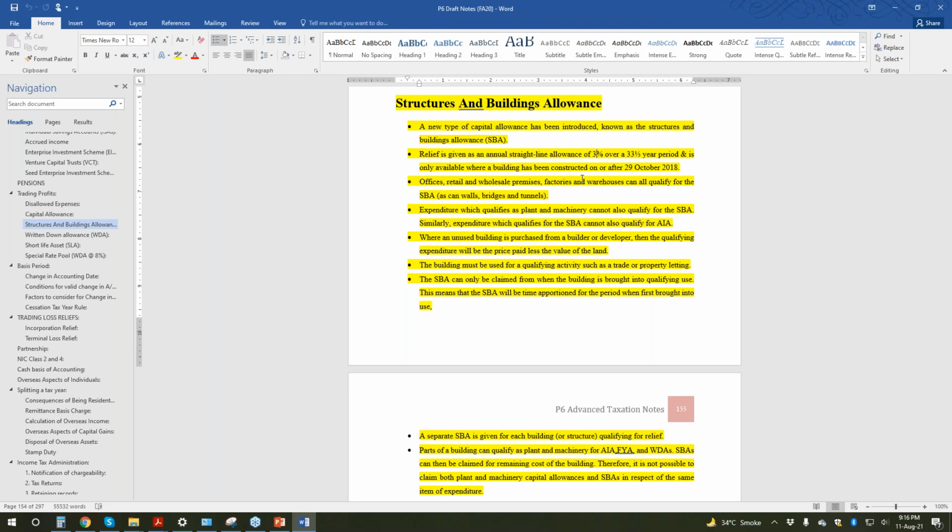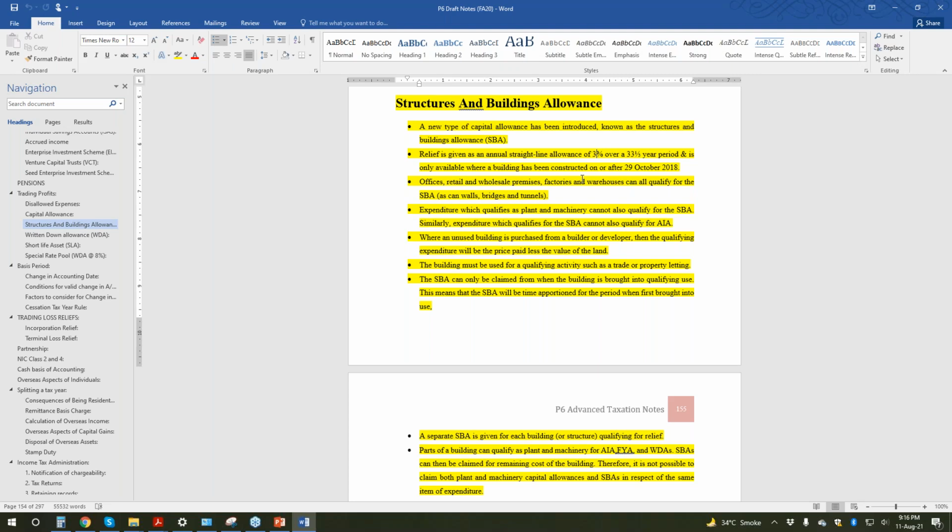Now, if you have bought the asset during the year, obviously you have to time apportion this 3%. Okay. And if you have bought the building in which there are assets installed, plant and machinery installed, that plant and machinery and asset cannot qualify for SBA. You have to separate the cost of the total building and divide it into two parts.